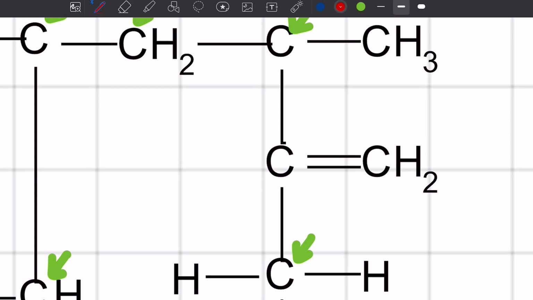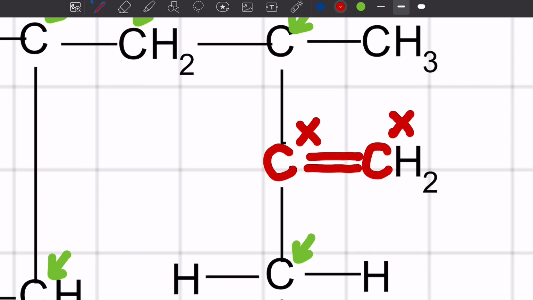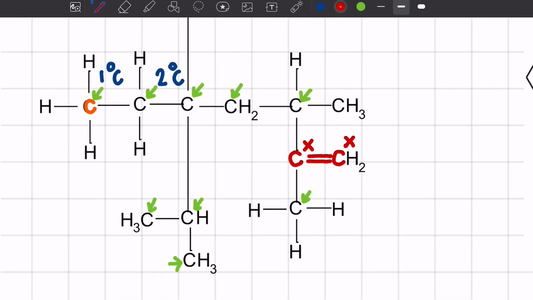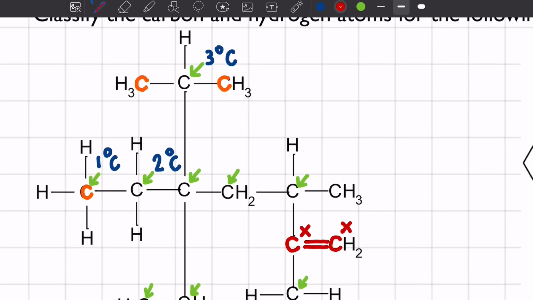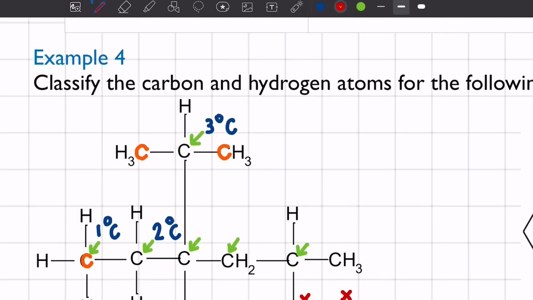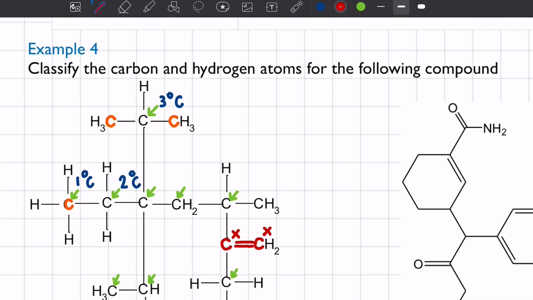Okay, sp3 tu bermaksud semua bond adalah single bond. Tapi dekat sini ada apa? Ada double bond, betul tak? So kalau double bond kita pangkah. Maksudnya kita tak boleh nak kelas dia primary, secondary or tertiary carbon. Okay, so remember kalau kita nak classify the carbon, kita hanya classify sp3 carbon. Okay, I'm sure you can do the rest.